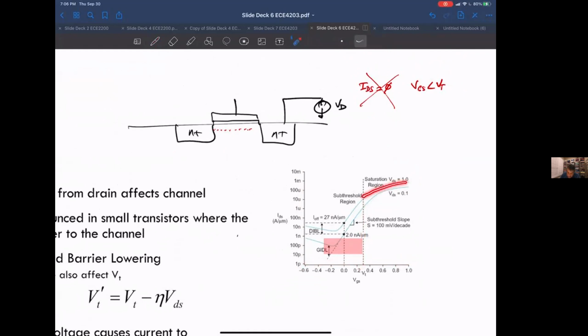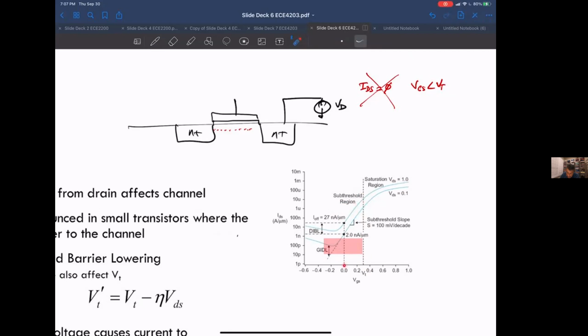But as you can see, your current does not go to 0, it starts dropping off gradually. This region is known as the subthreshold region because you're below the threshold value. This is 0 VGS, this is VT. In this region, you still have a current flow, which is the subthreshold current.